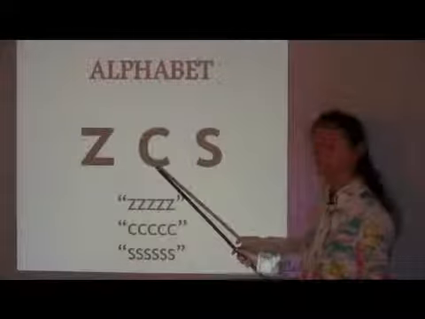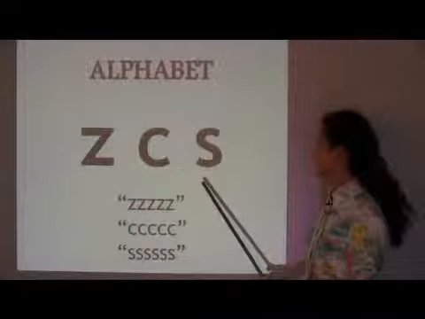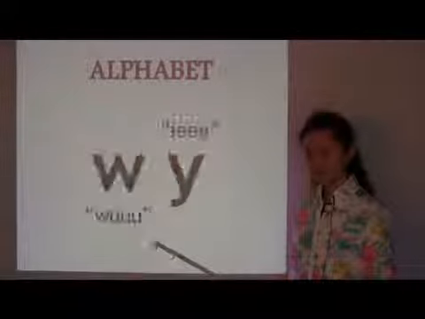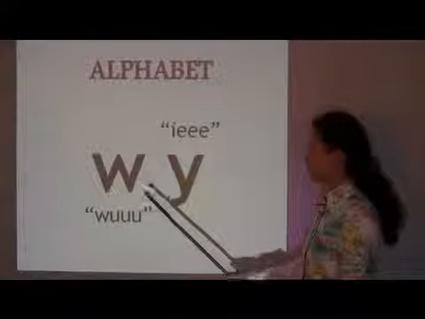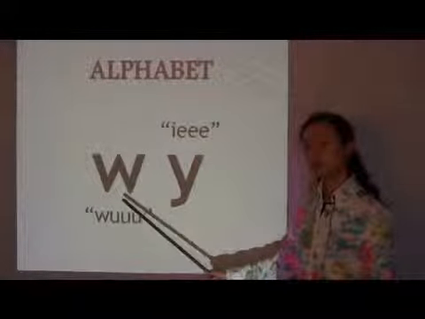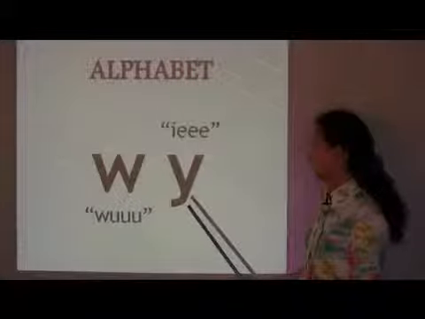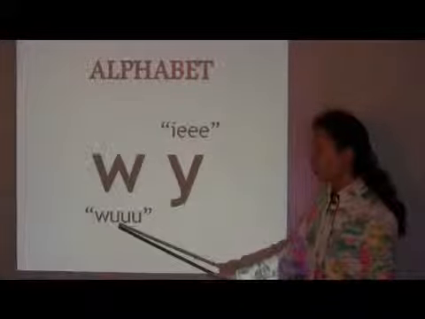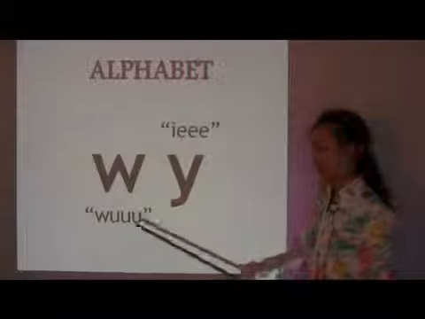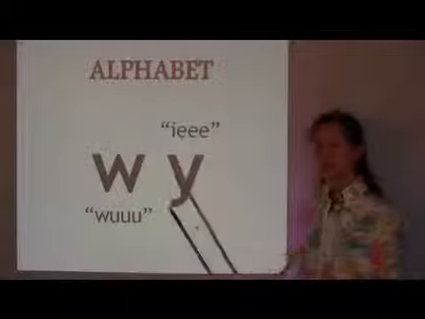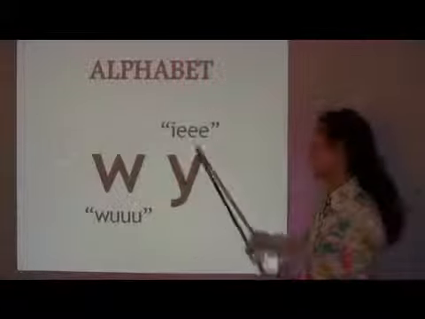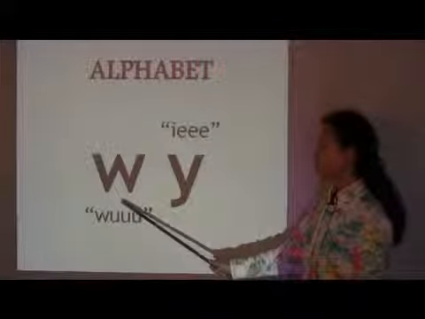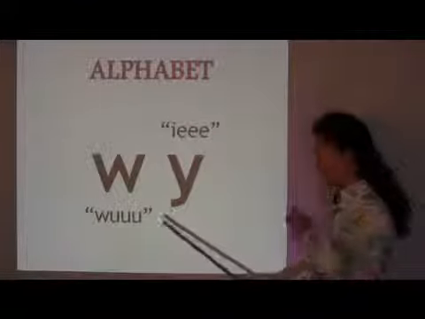Z, C, S. And then W and Y. Wu, Yi, Wu, pronunciation down here. And Yi, almost like you're going to say eek, but without the K sound. Yi, Wu, Yi.